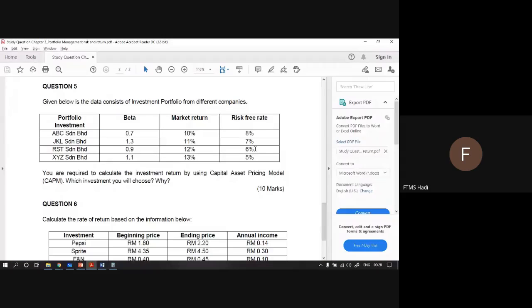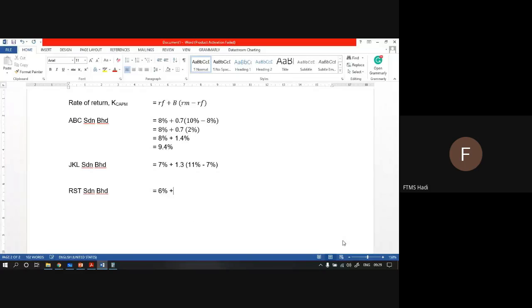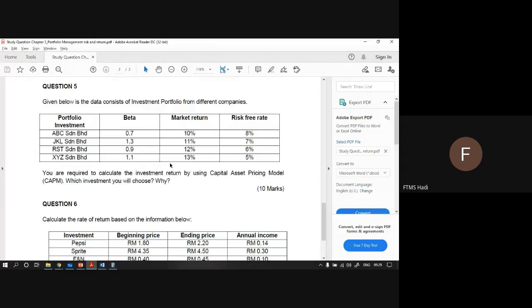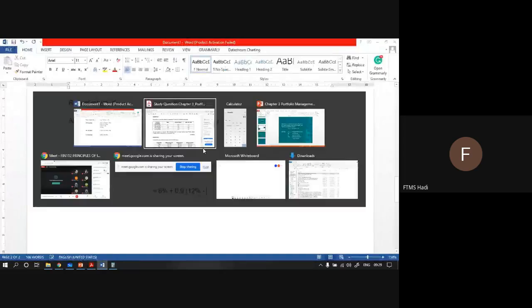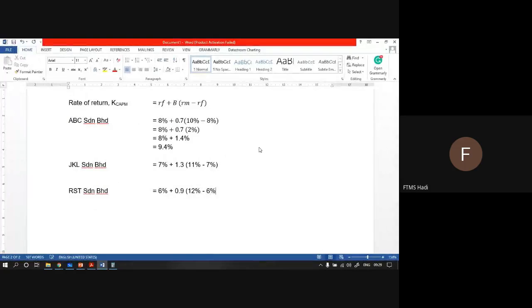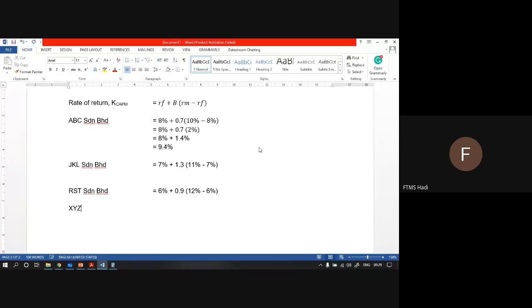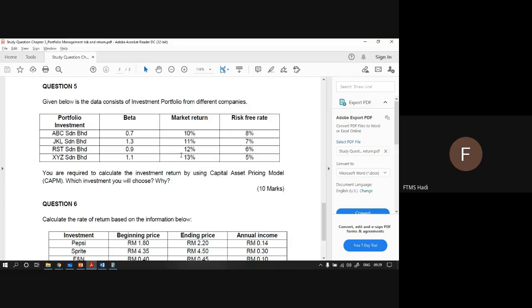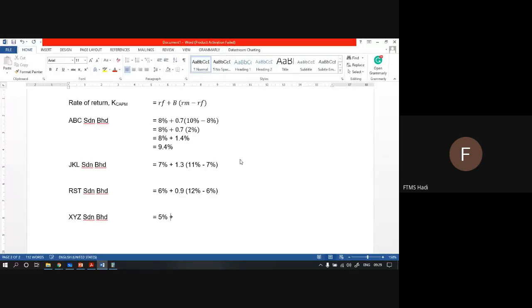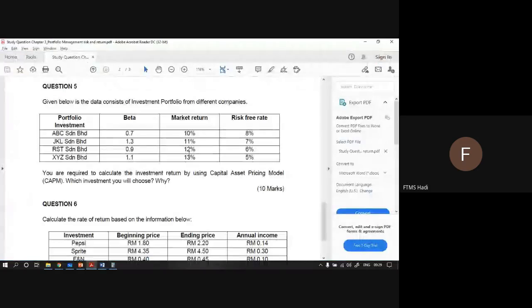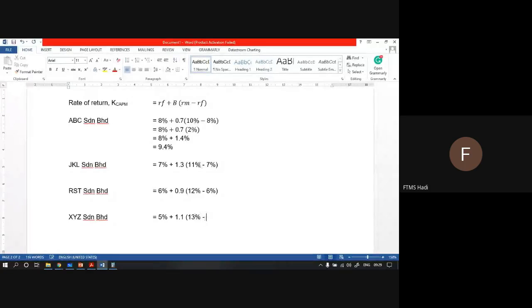Risk-free 6%, beta for RST 0.9, your RM 12%, minus your risk-free 6%. And the last one, XYZ Sdn Bhd: risk-free 5%, plus beta, 1.1, 13% market return minus risk-free rate 5%.